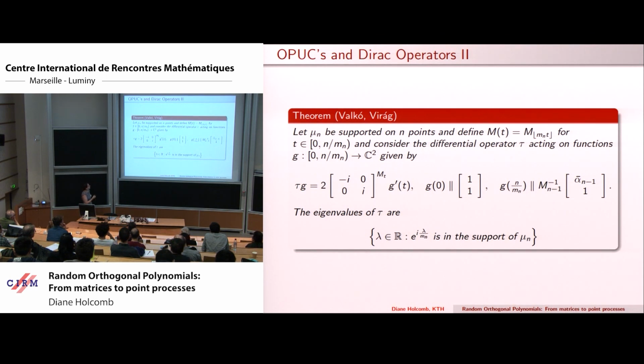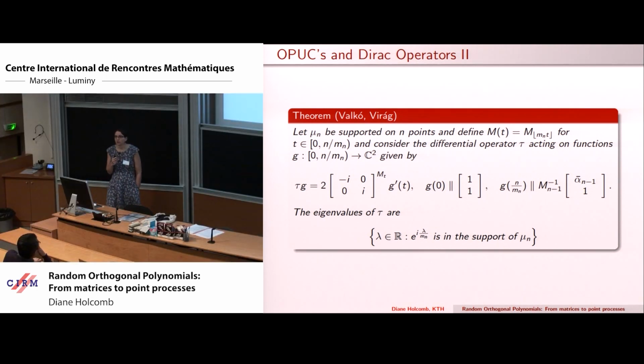It turns out that if you look at this differential operator, which is a continuous time differential operator, it's not a difference operator, its eigenvalues are all of the points where e^{iλ/m_n} is in the support of μ_n. So for example, if we took m_n equal to n, and we started with our circular beta ensemble, and we constructed this τ, we take the limit of τ and we should get some sort of operator for sine beta.